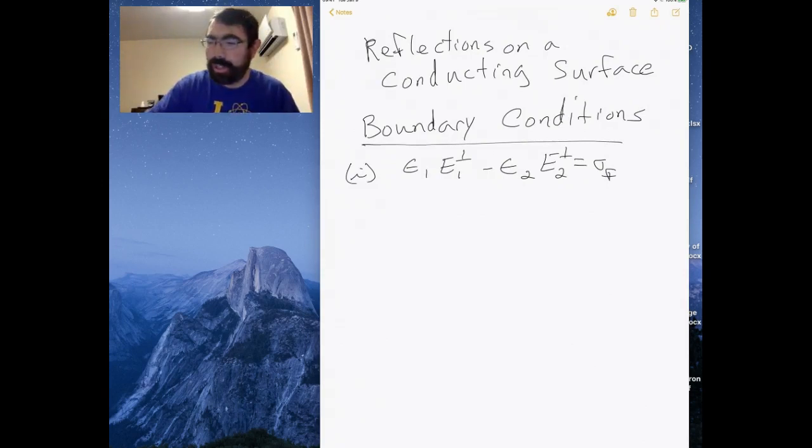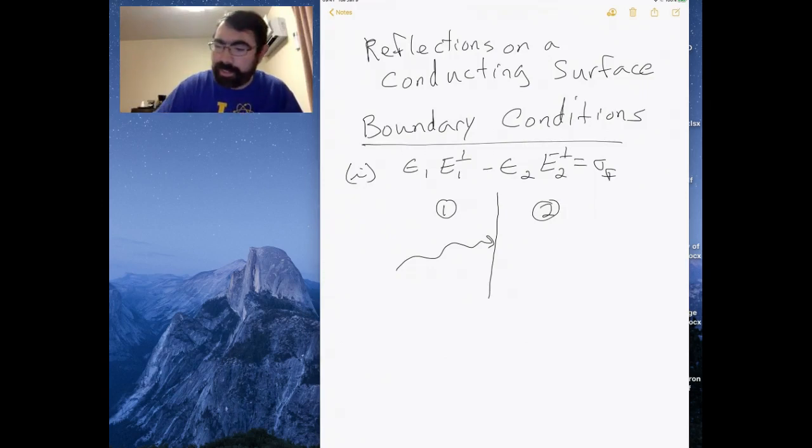Here, one is the medium on the left, where the incident wave comes from. Two is the medium on the other side of the interface, where the wave would be transmitted.